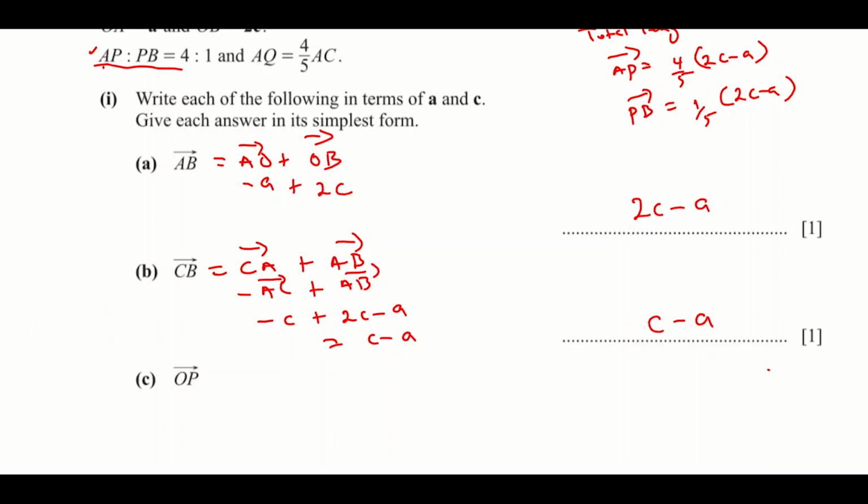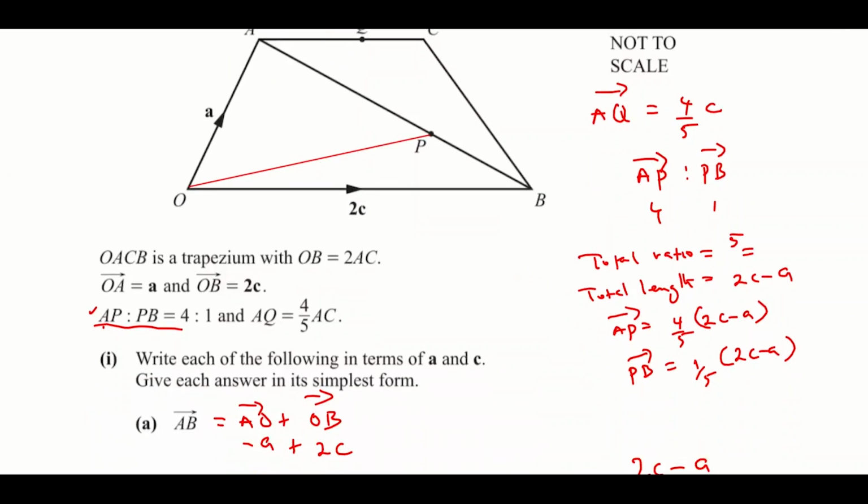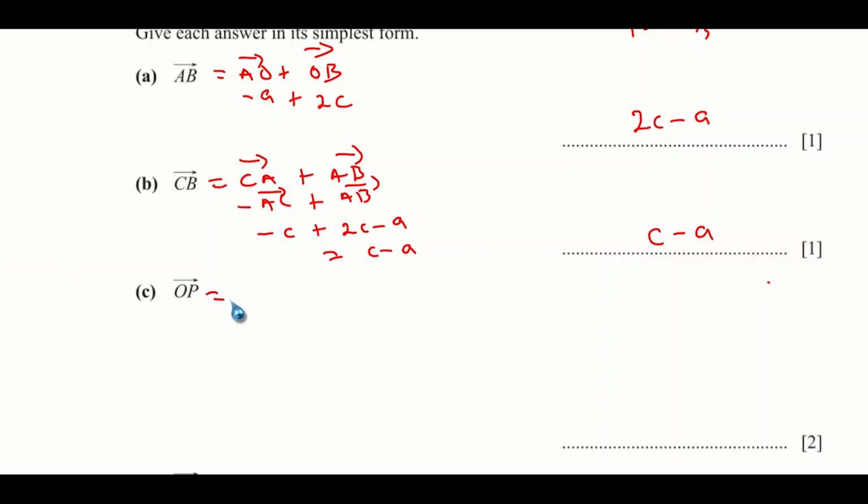So the next one is to find OP. If you come to this place, OP will be this length, and OP will be equal to OB plus BP.